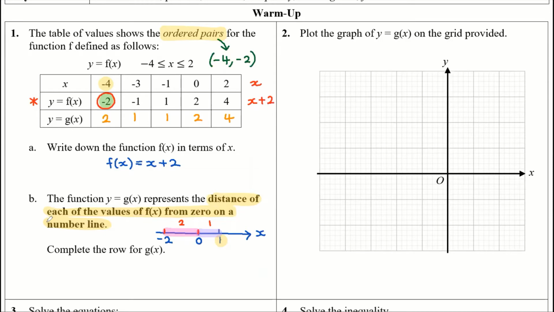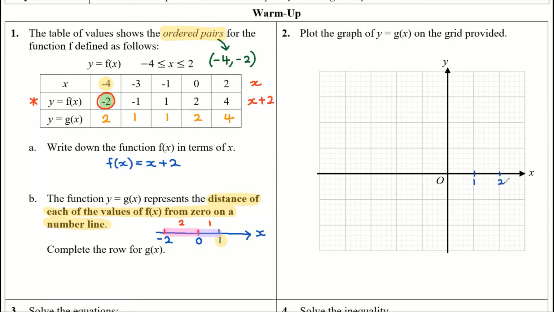Now, for question 2, we're going to plot our function g of x on the grid. Okay, so let's do that. So just be careful with your labeling. We're going from -4 up to 2, so we can just use really clear, obvious labels, 1 and 2 there.